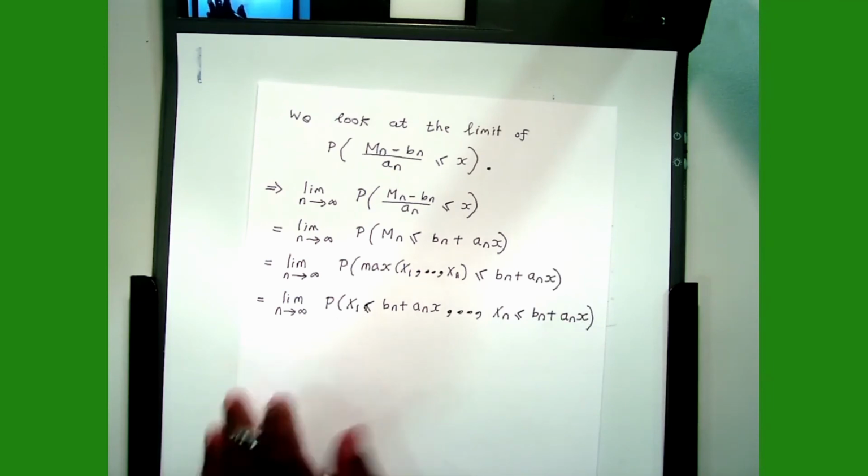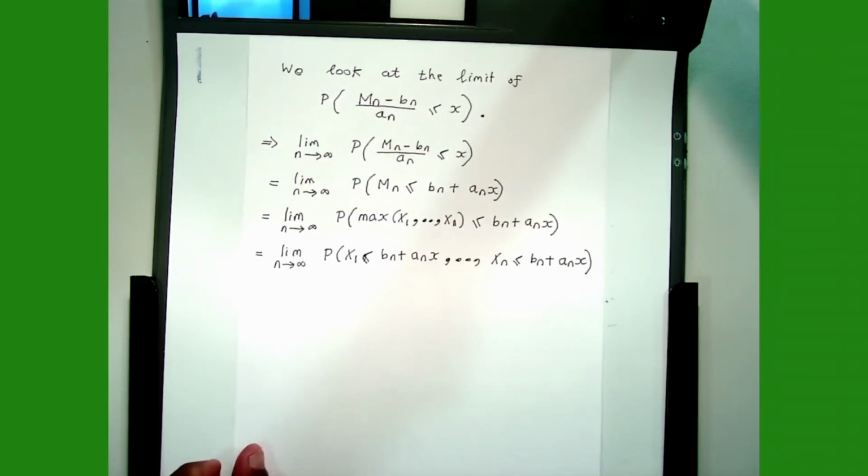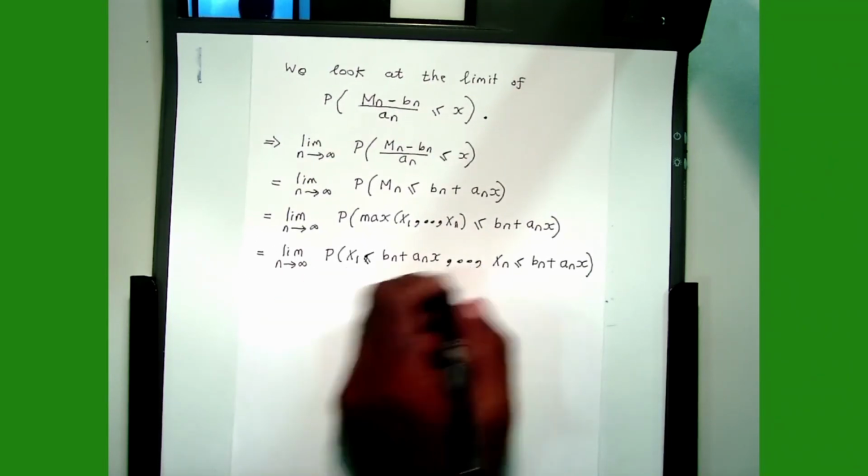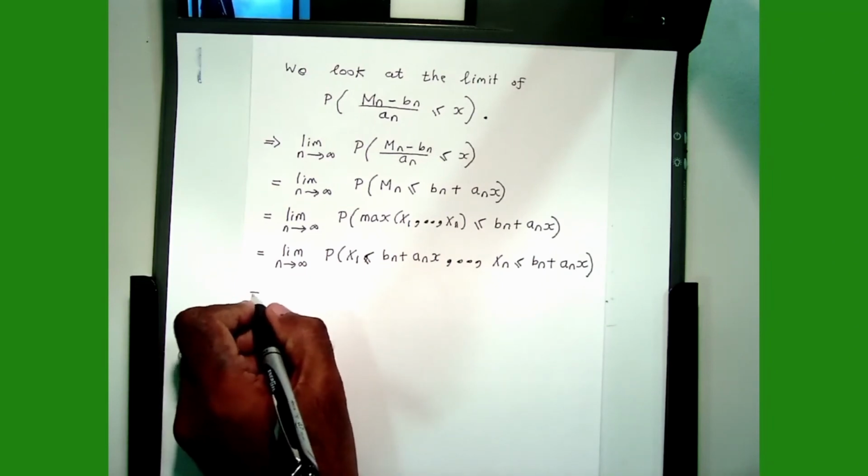Okay. Now in the next step I'm going to use the fact that X1 to Xn are independent random variables.